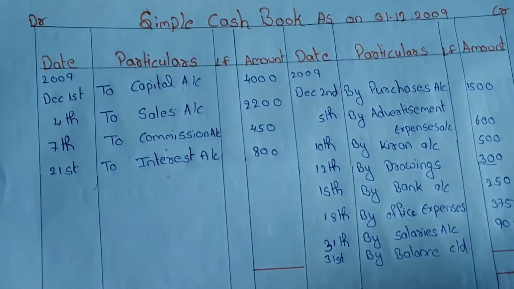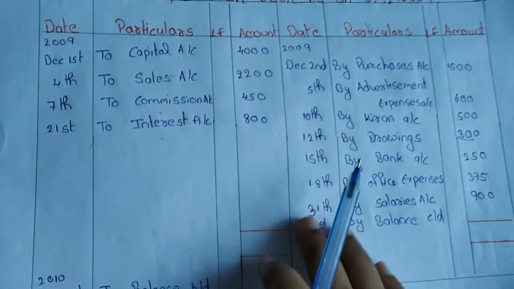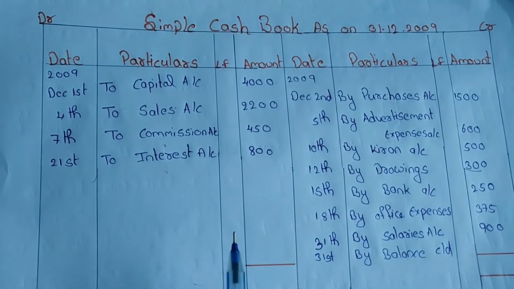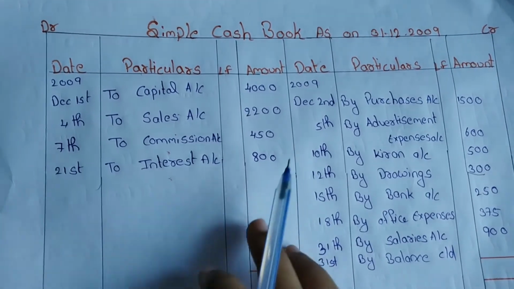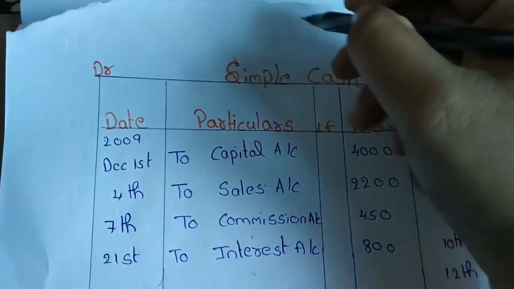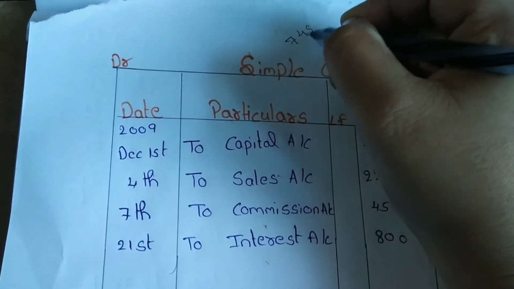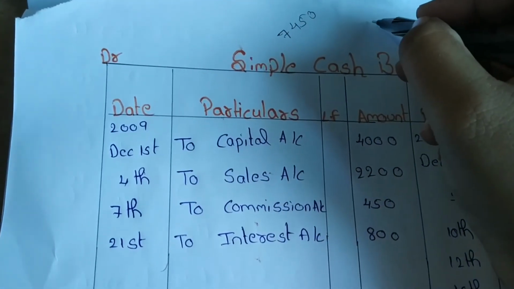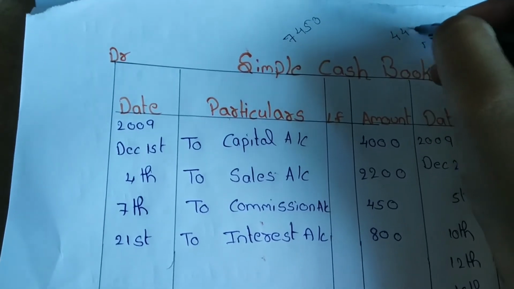So we posted all the transactions in the simple cash book. Now it is completed. Now we need to balance these amounts. First, balance the debit side. The total of the debit side was 7,450, and the credit side total was 4,425.